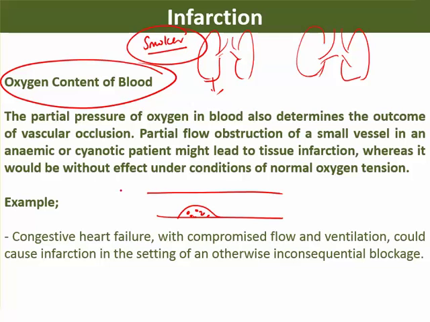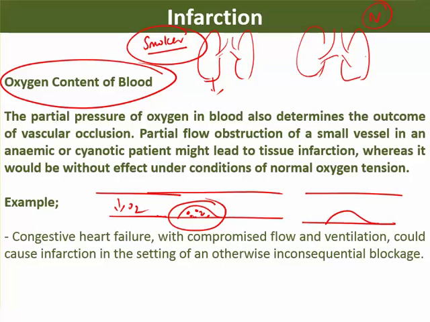Already he has less oxygen, right? Because he is a smoker, he cannot have good lung capacity, so automatically he has less oxygen, and he is also developing occlusion. And this guy is a normal, healthy person, and he is also developing occlusion. Who will be affected more? So this guy will be affected more.